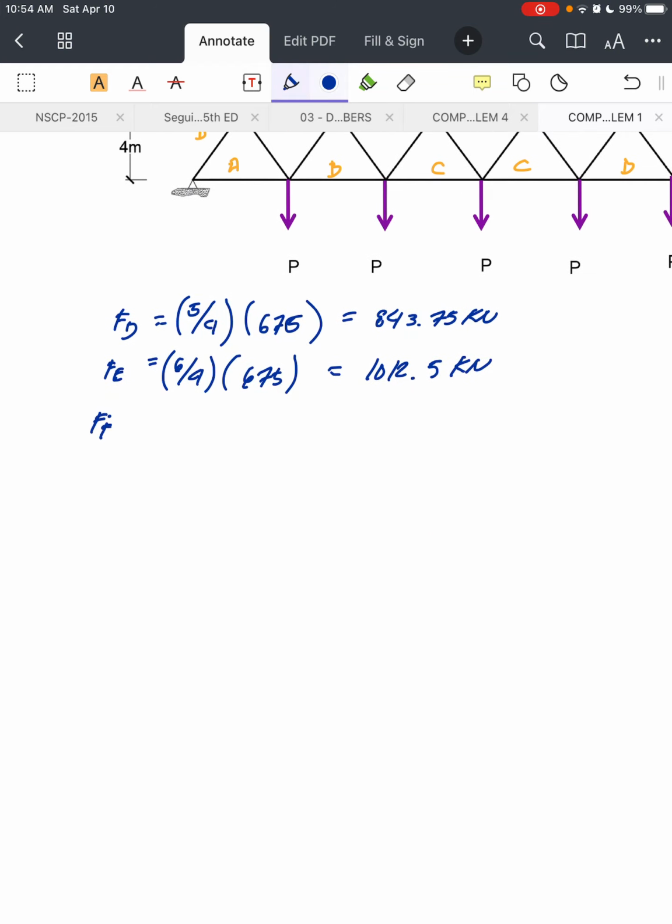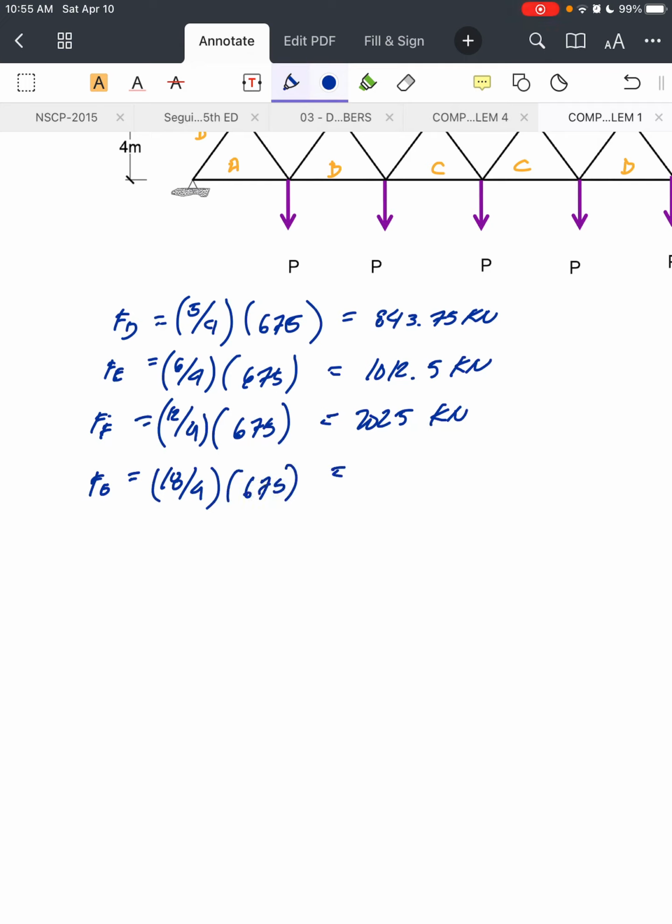For FF, you have 12 over 4 times 675 equal to 25 kilonewton. And lastly, for FG, you have 18 over 4 times 675 equal to 3037.5 kilonewton.